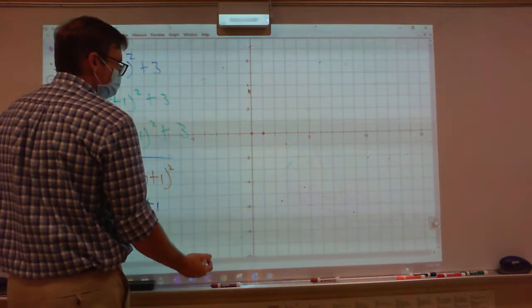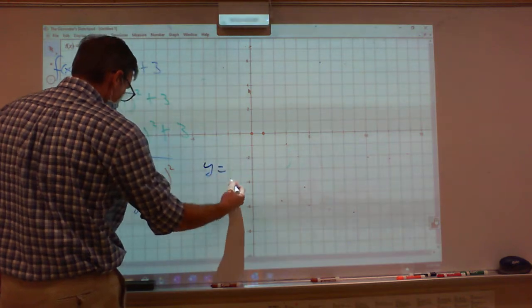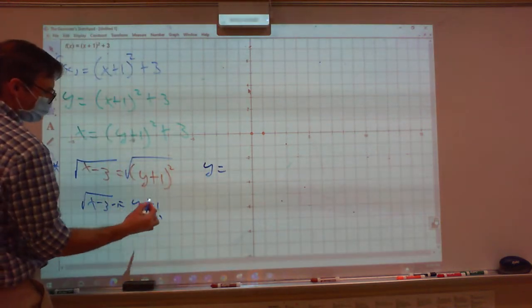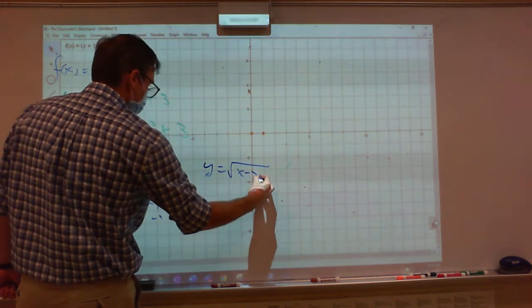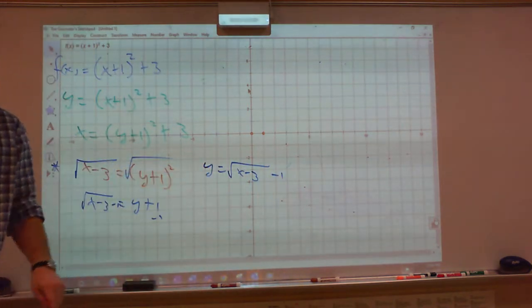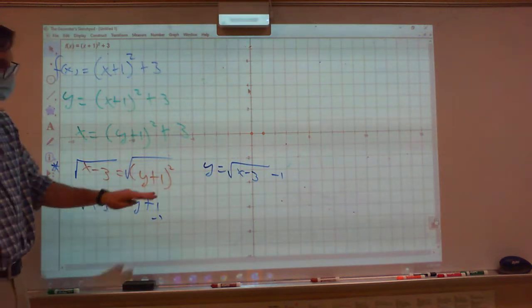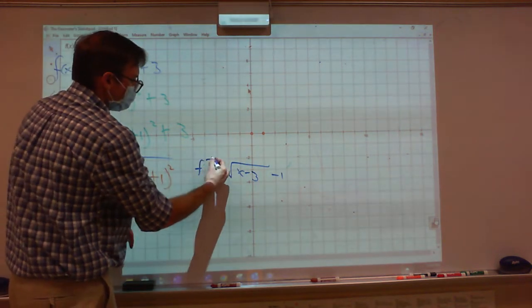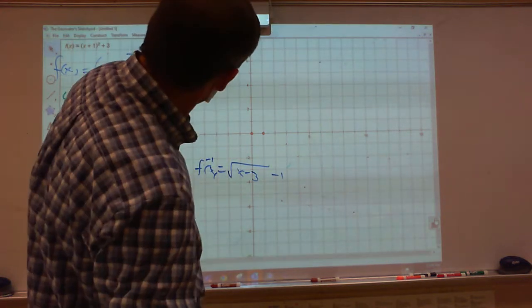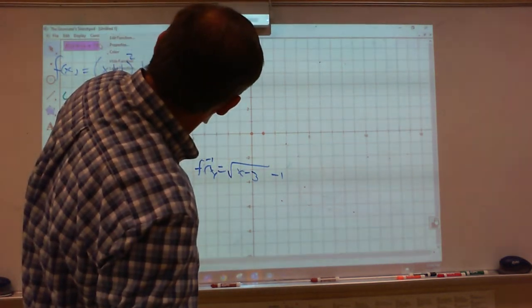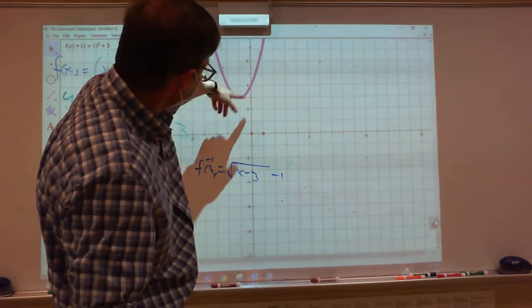And so now, if I subtract 1 from both sides, this is going to give me the square root of x minus 3, minus 1. Is everybody okay? That's my inverse. I guess technically I should say this is f inverse of x. Well, that's interesting. All right, so there's our original function.